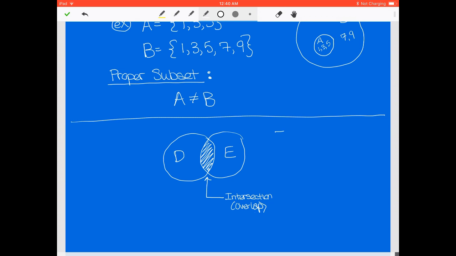If we look at intersect notation, this is an easy way of representing this graph right here.